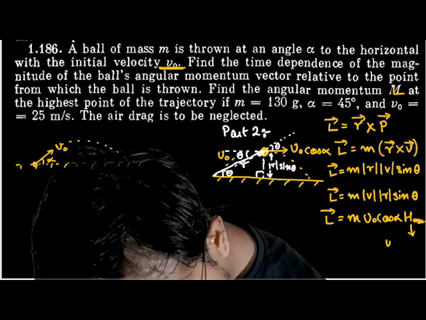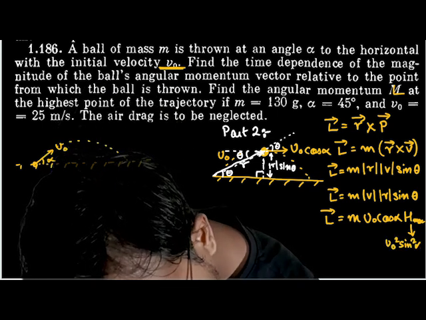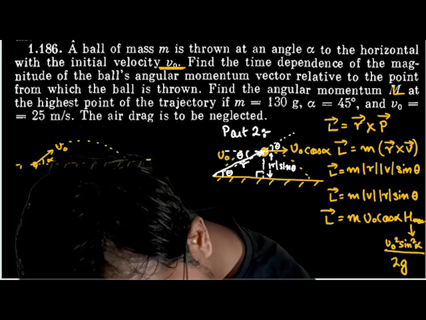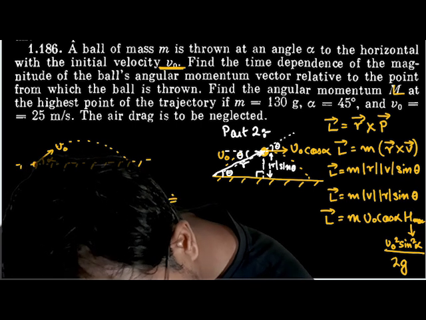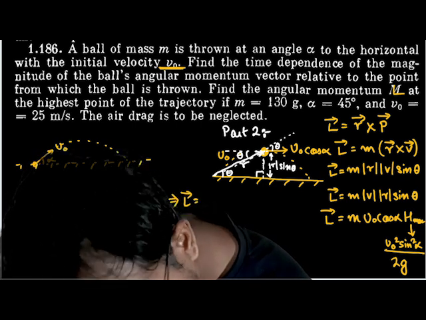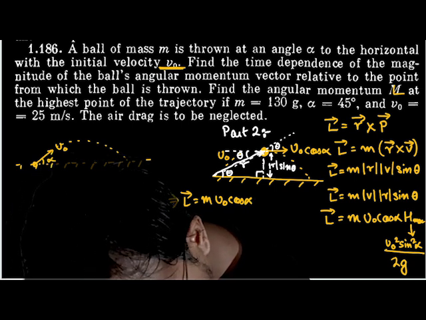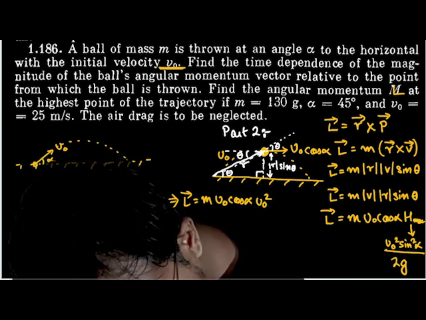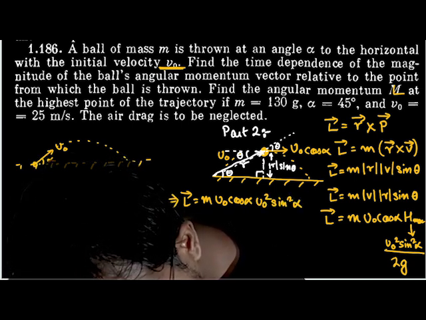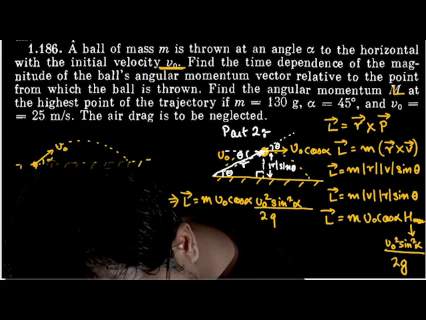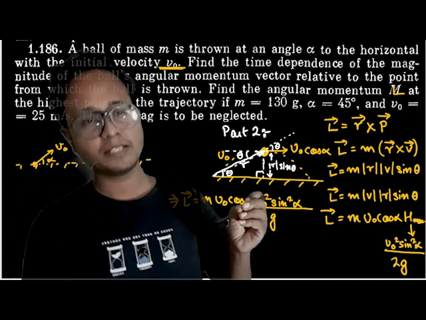So m V naught square sin square alpha by 2g. If I rearrange, angular momentum at the topmost position is equal to m into V naught cos alpha, initial velocity into cos alpha, into V naught square sin square alpha by 2g. You can either rearrange this term or leave it as it is. Doesn't make a difference.